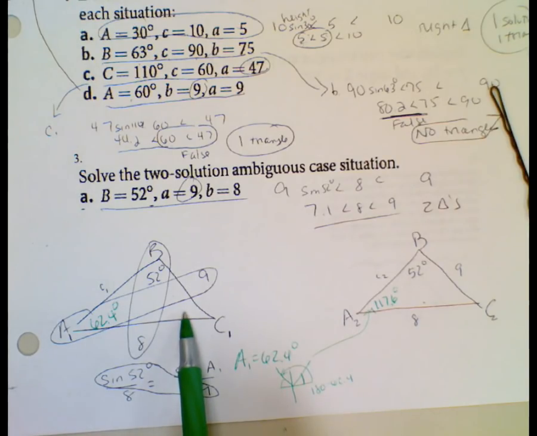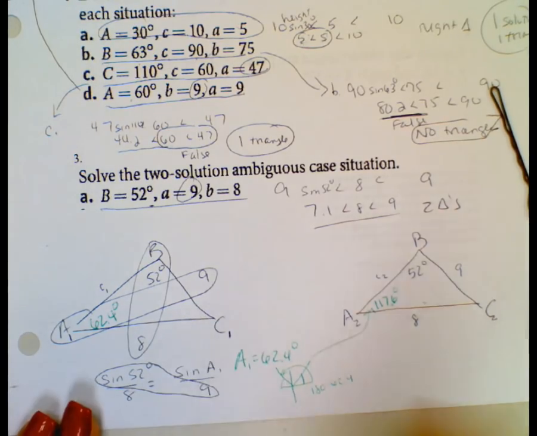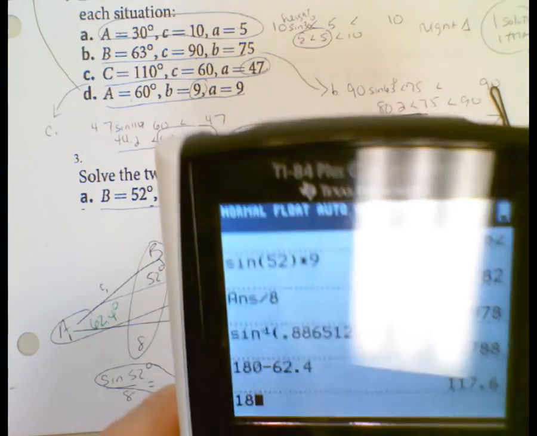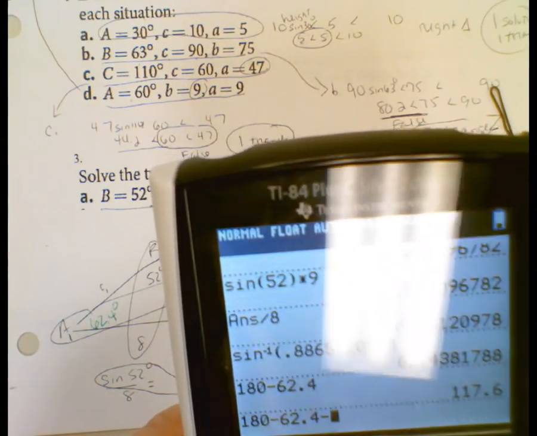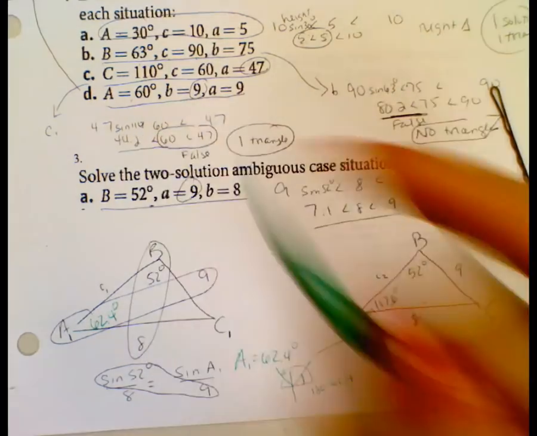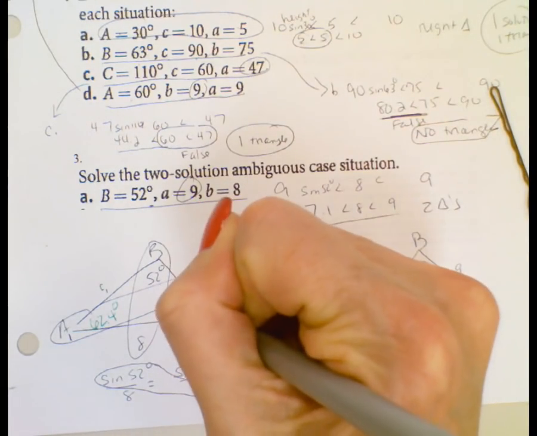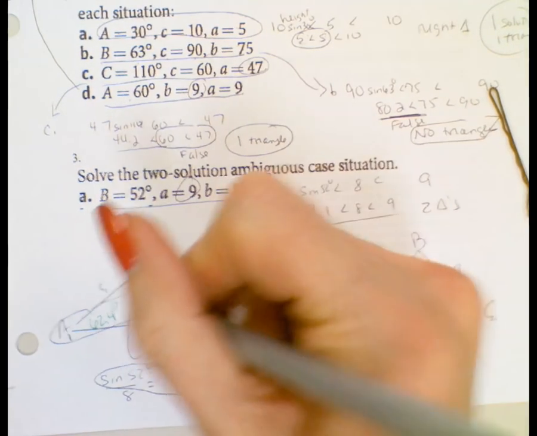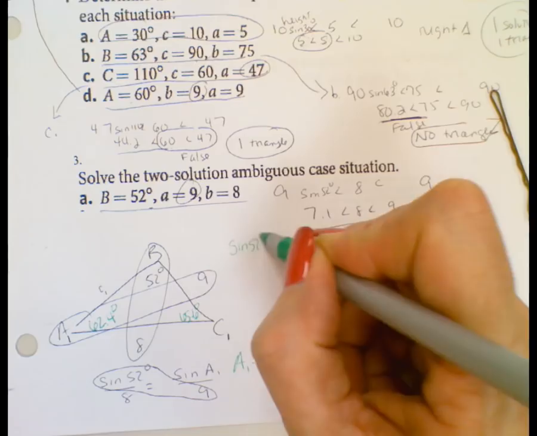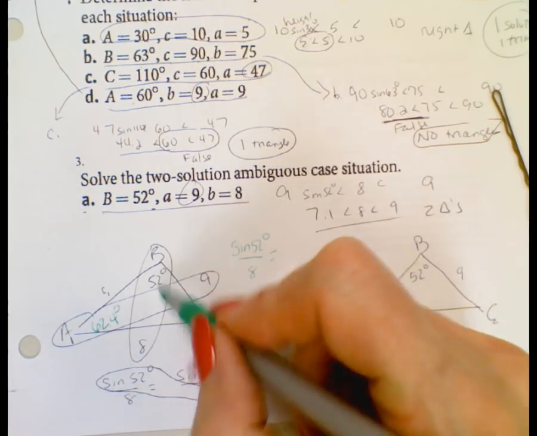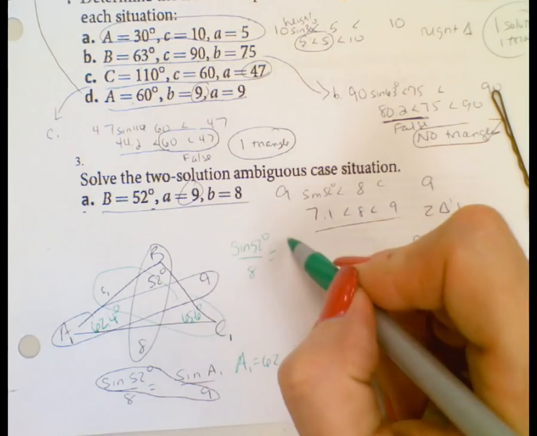So let's go back to triangle 1 and figure out the rest of these. So we have 180 minus 62.4 minus 52, and you get 65.6. And then to find side C here, we're going to go sine of 52 over 8. That's this ratio. And now we're going to find the C ratio.